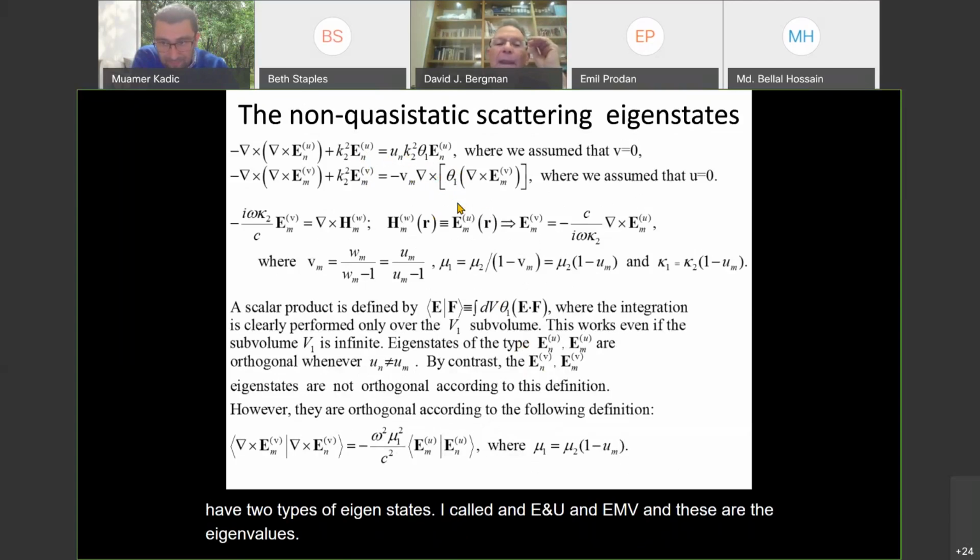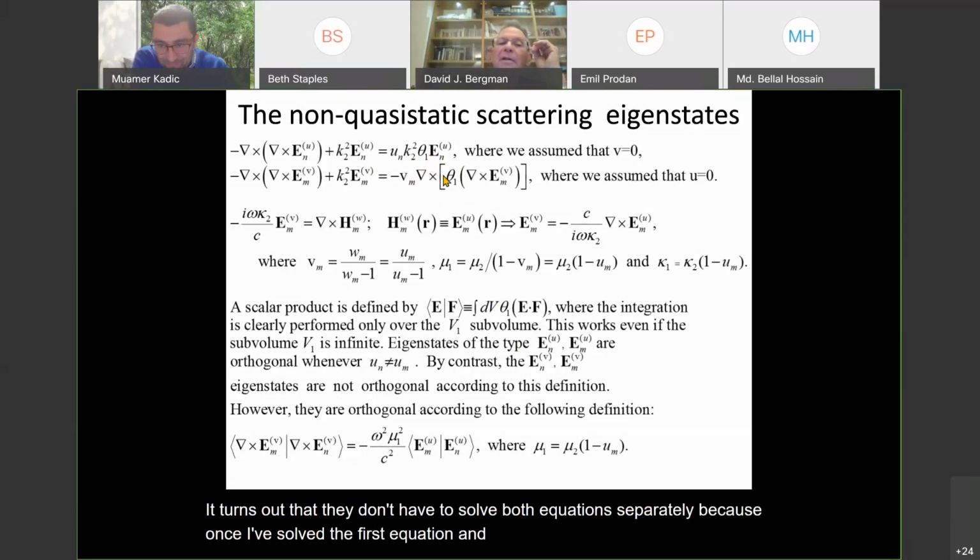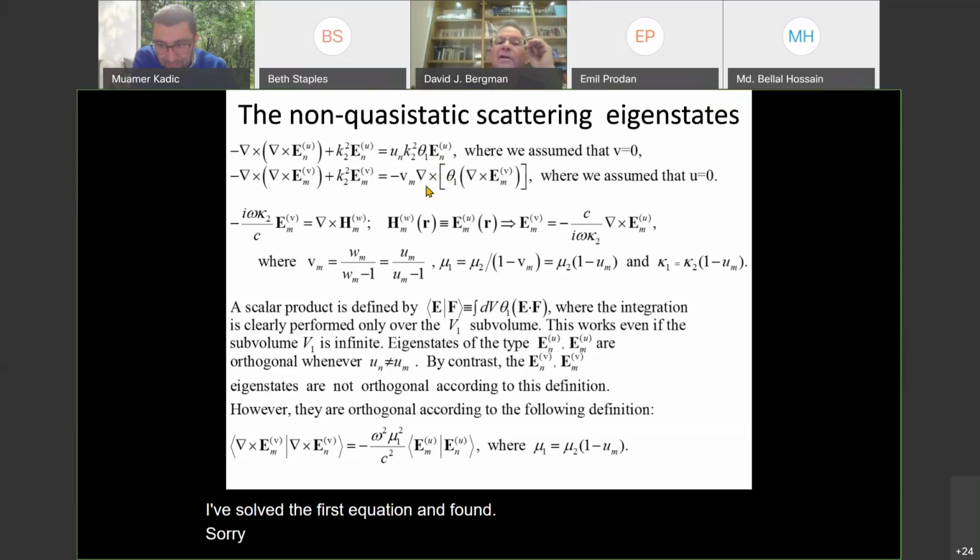But now it turns out that I don't have to solve both equations separately, because once I have solved the first equation and found, if I'm interested in eigenstates of the second equation, the E field is always connected to an H field.